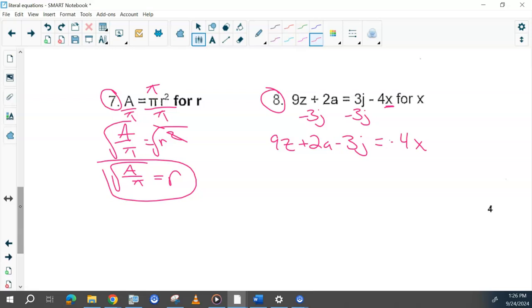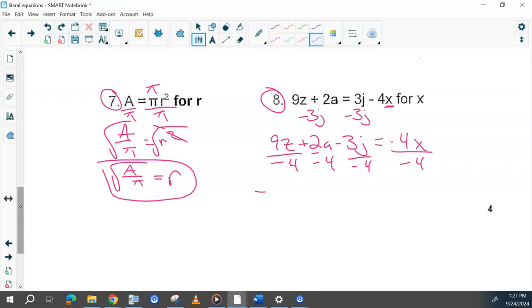And then our last step. Divide by -4. Yes. If I divide, is there anything that would simplify with the -4? Yes. So that means I have to divide them separately. Now, the others are just going to change signs, but this one, the whole fraction is going to change.